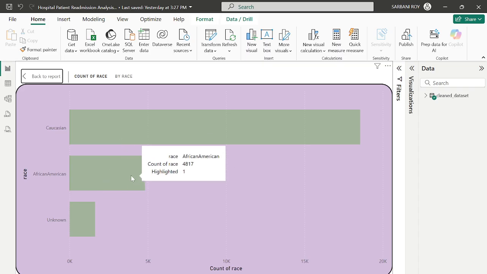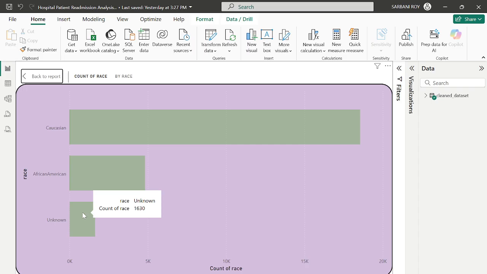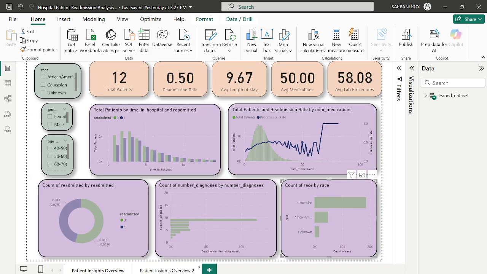The third is a smaller number of unknown race entries. Understanding the race distribution helps healthcare providers to plan community-specific programs. Now I'll be switching to the next page.